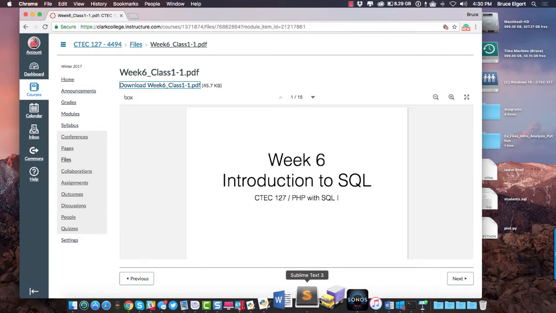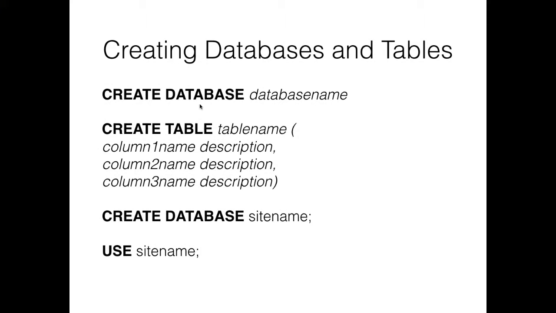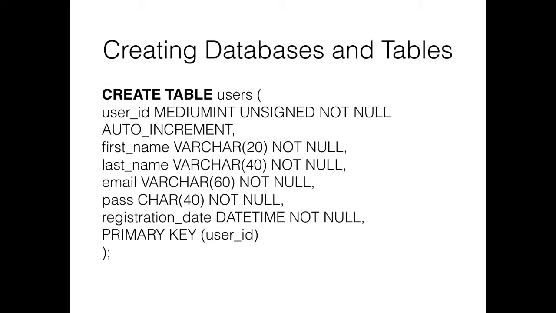Carrying on here, let's go back. I know there's a hotkey to get back here, but let's do this. So next, if we wanted to manually create a table called users, right? We can type all this in at the command line. We can say create table users, and then we want a field, a column name called user_id, a medium-sized integer, unsigned, right?